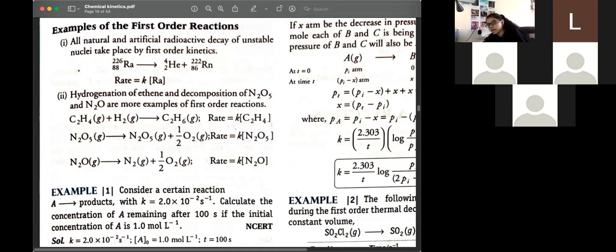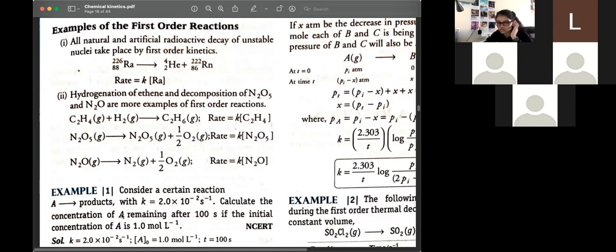Ma'am, I found the value for ln of the ratio equals the answer. Do I leave it there or is there anything else I need to do? You need to calculate the concentration of A remaining, no? So you need to find the antilog of that.